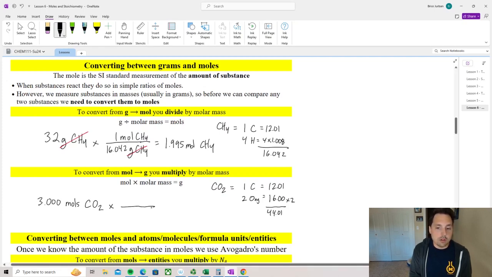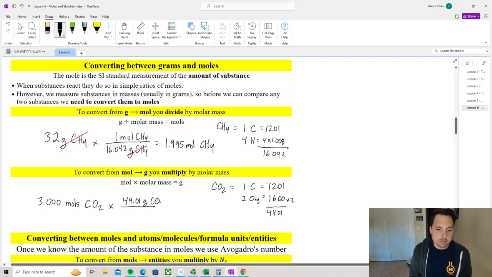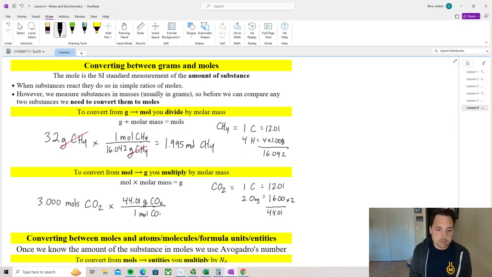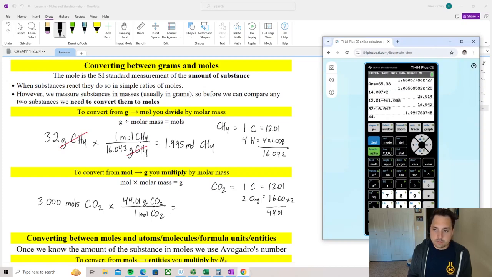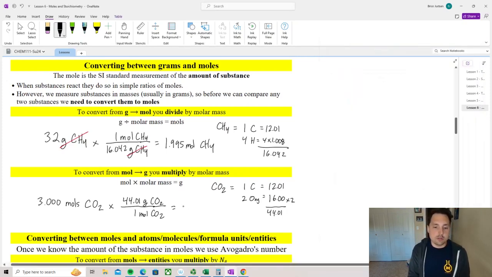And when we multiply here, this is the amount of grams there are of carbon dioxide per mole. And that would mean we have 132.03 grams of it.